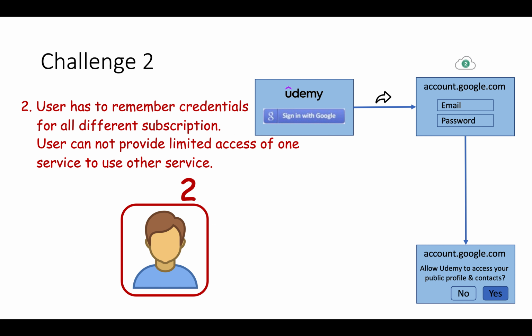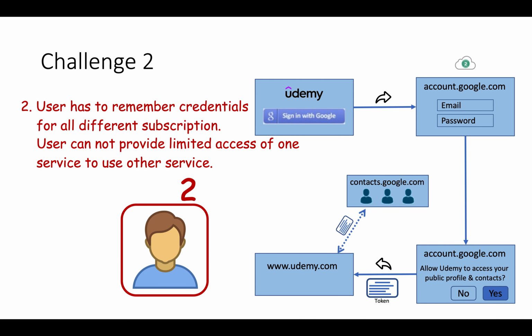Once the user allows access, the user is redirected back to the Udemy site with a valid token. Udemy uses this token to call the Google API that gives details of the user profile and user contacts, and the Google server verifies the token before processing any API. Definitely you will understand more once you finish the end-to-end sequence.